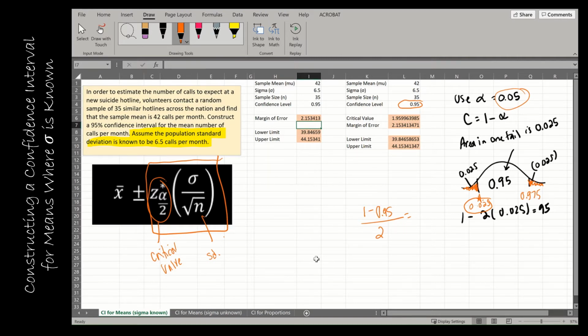The last part is to find the two values. When we talked about the confidence interval, we said, okay, we know what area is to each side, but if I'm expecting, based on my sample, 42 calls, and I want to know what I think the actual mean number of calls is for the entire population, not just for the sample of 35 hotlines, but for all of the hotlines across the world, I'm going to be 95% confident that it comes between two values.